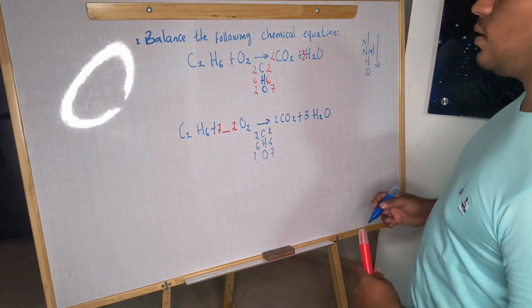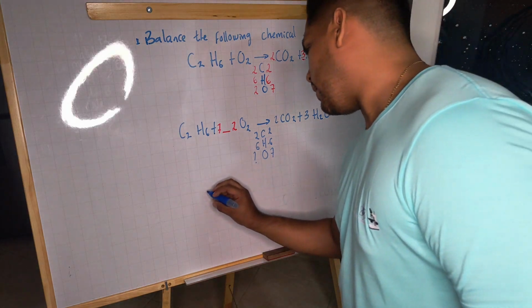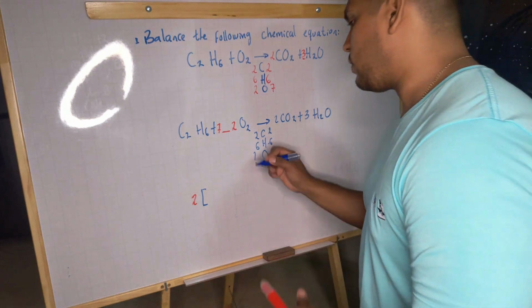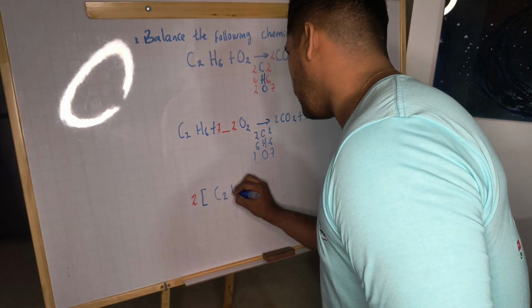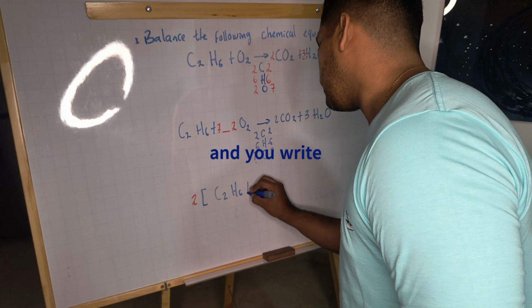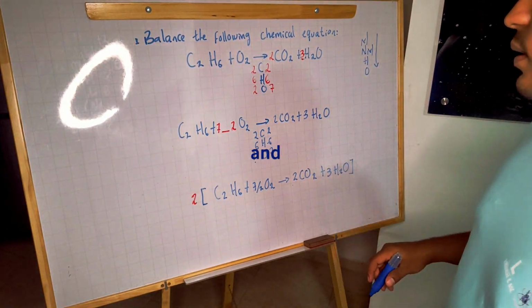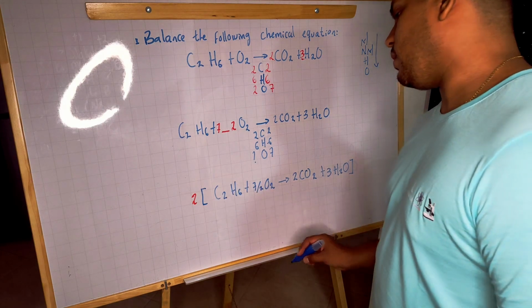So what I will do is basically multiply the whole equation by 2. So I'm going to say 2 C₂H₆ plus, okay, in this case I will multiply all of these.